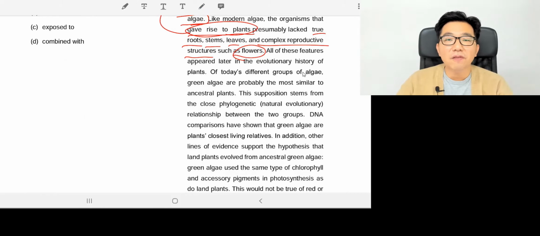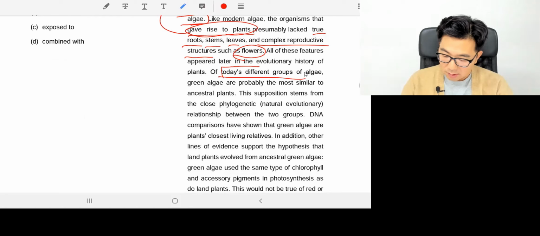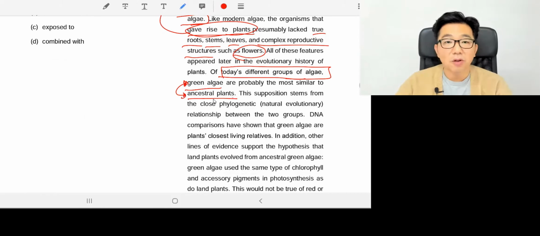All of these features appear later in the evolutionary history of plants. Of today's different groups of algae, green algae are probably the most similar to ancestral plants. So green algae are very similar to the ancestor of plants. This supposition stems from the close phylogenetic, natural evolutionary relationship between the two groups.